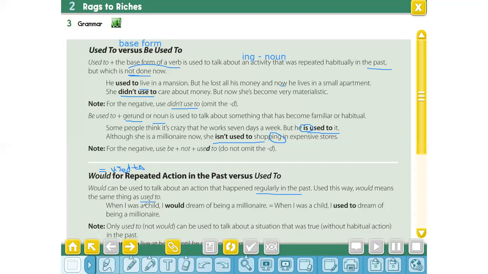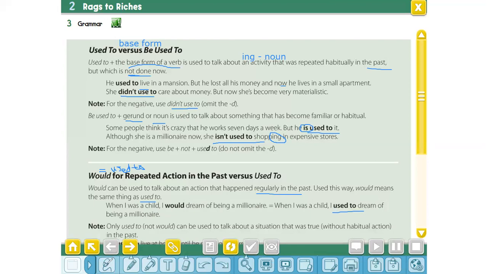When I was a child, I would dream of being a millionaire equals in meaning when I was a child, I used to dream of being a millionaire. Okay, I can use would plus base form or used to plus base form.